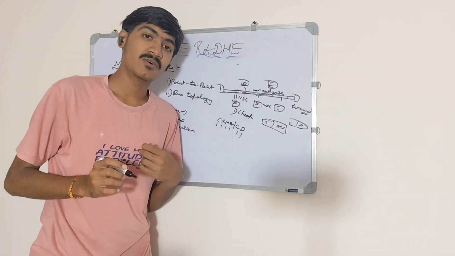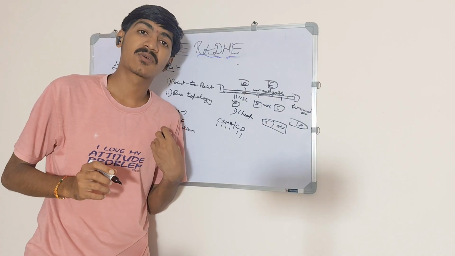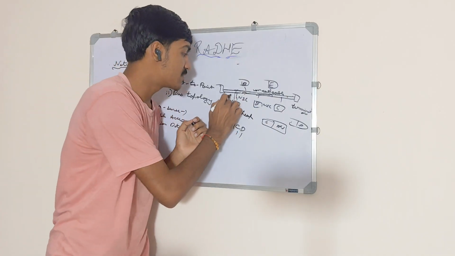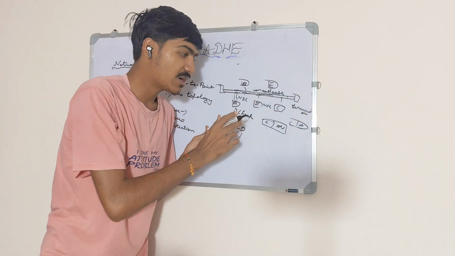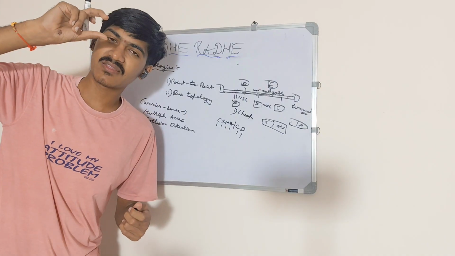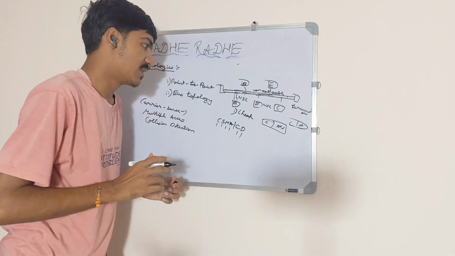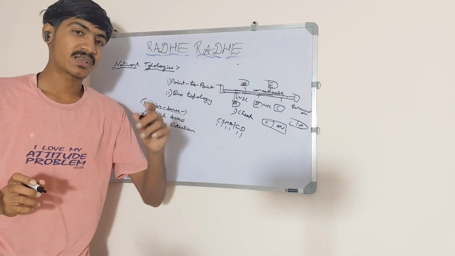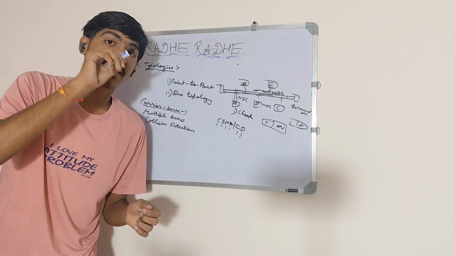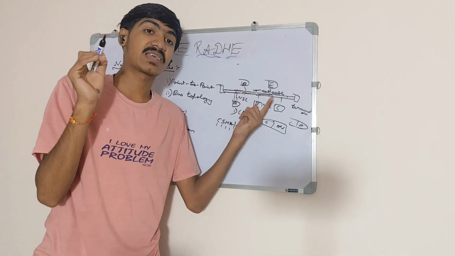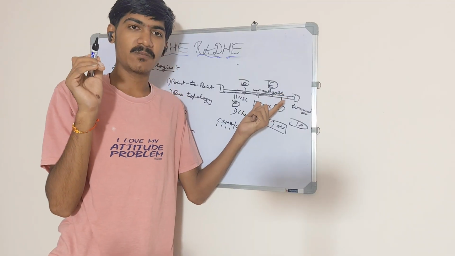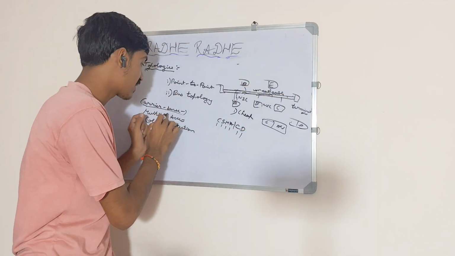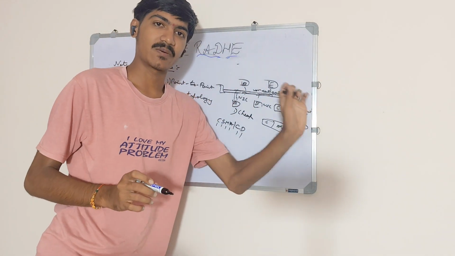The NIC knows what an empty cable looks like. So if there is any data present here, the NIC can sense it. First it will sense the carrier. Sensing the carrier is nothing but checking if there is already any signal propagating in the cable. That is known as carrier sense, sensing the cable.